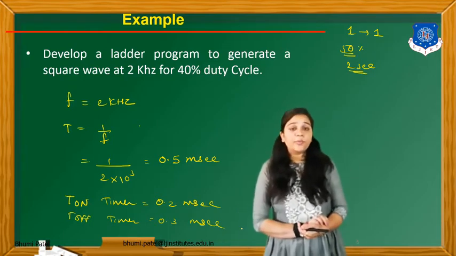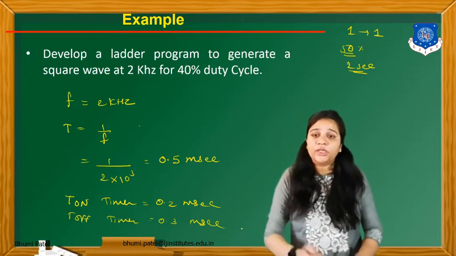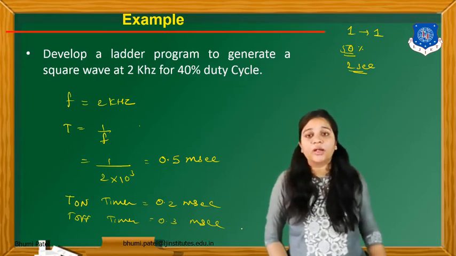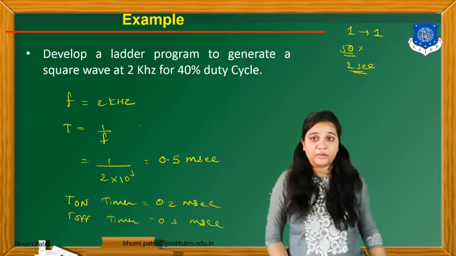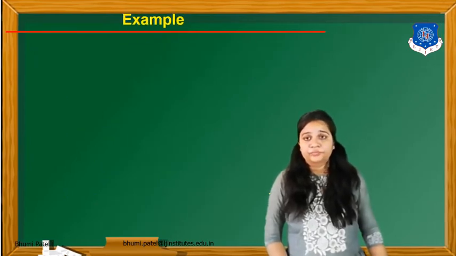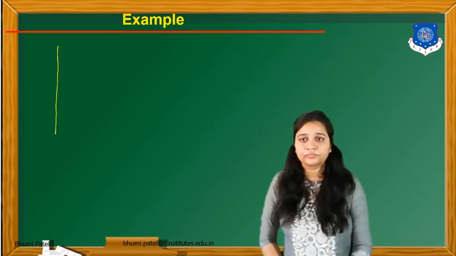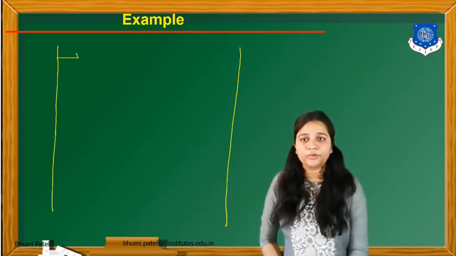Depending upon the duty cycle, you decide how much time for the T on timer delay and how much for the T off timer delay. The same logic we continue. We take two inputs: this is my input and this is my enable reset.